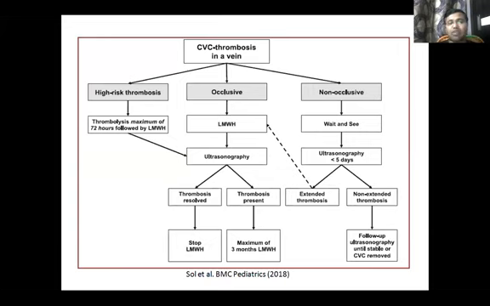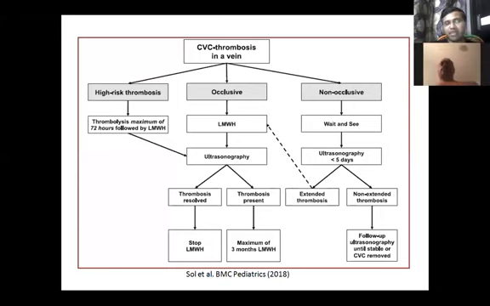If it is only occlusive but not high risk, you start low molecular weight heparin. Anytime it resolves, stop. If it persists, they may require around 3 months. If it is non-occlusive, just wait and watch, but continuous monitoring should be there, clinically and ultrasonographically.